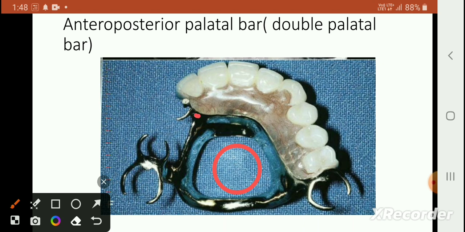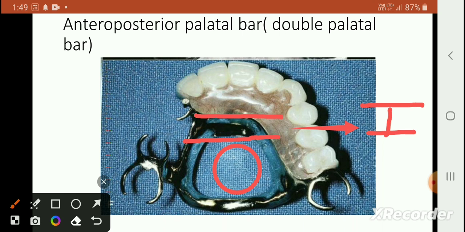It is like a palatal strap, but the only difference is that it is narrower. A palatal strap is called a strap because its width is greater than 8 mm; this is less than 8 mm, but it is flat. So the anterior bar is narrower than the width of the palatal strap.